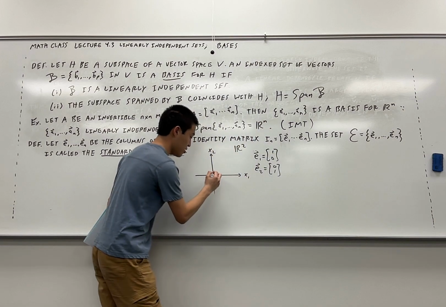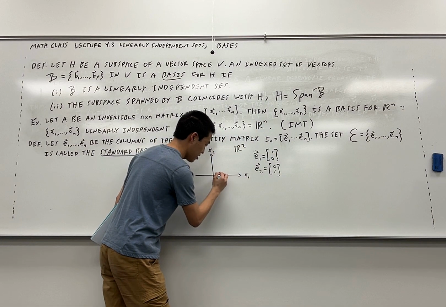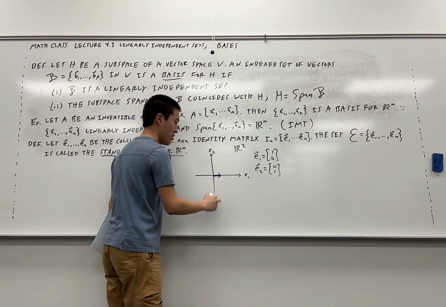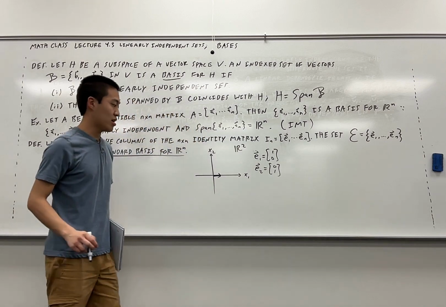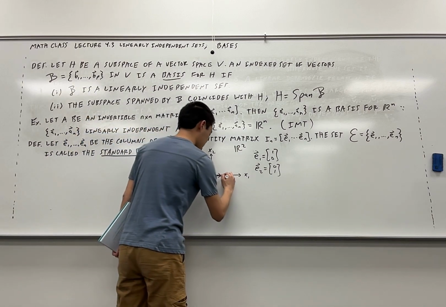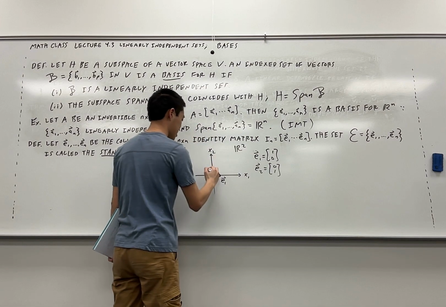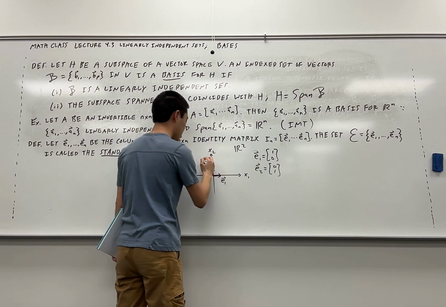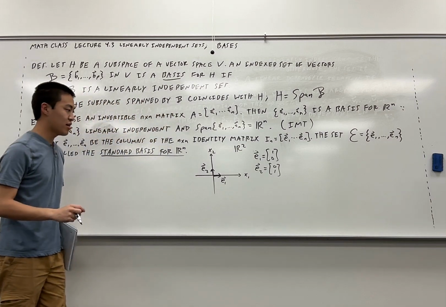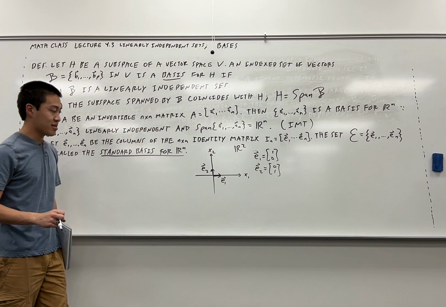In other words, E1 is functioning as this first unit vector, which is often conflated with i in physics. And this unit vector on the x2 axis, we call it E2 in linear algebra, but that's often conflated with j hat in physics, okay?